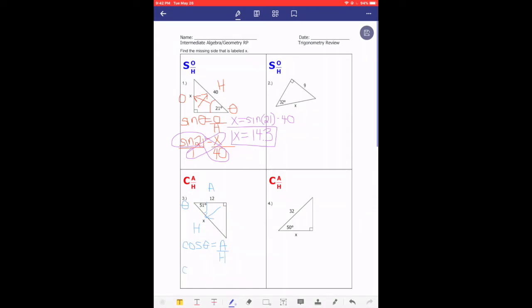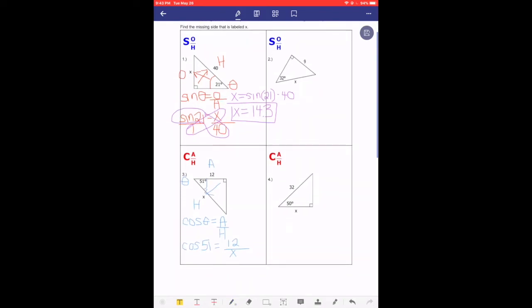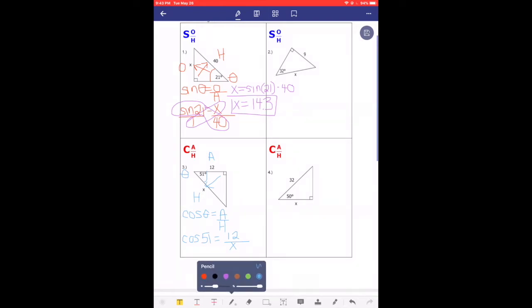Okay, and then our function, our proportion, cosine the angle, or cosine theta, equals adjacent over hypotenuse. So filling this in, cosine, the angle is 51, equals the adjacent, the A, I labeled as 12, and the hypotenuse side I labeled as x. Remember, to make this a proportion, I'm going to put the cosine 51 over 1, and then I'm going to cross multiply.